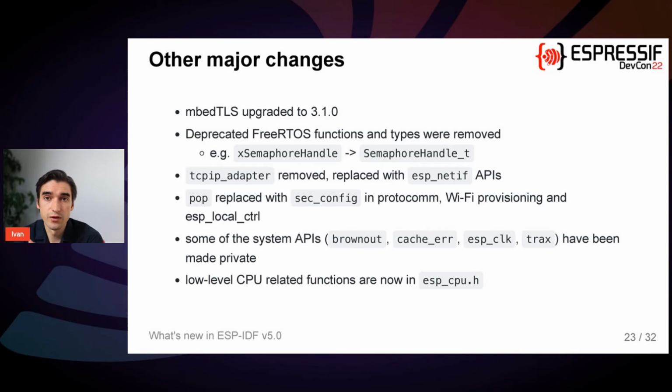If you have started developing your application with IDF 4.x, it is most likely that you're already using ESP-NetIF, so this change will not apply to you. But if you have a project that was started at the times of IDF 3 or earlier, then you will need to migrate. A few other changes are mentioned in this slide, I will skip them. They're not very significant, and you can also find them in the migration guide sections of the programming guide.